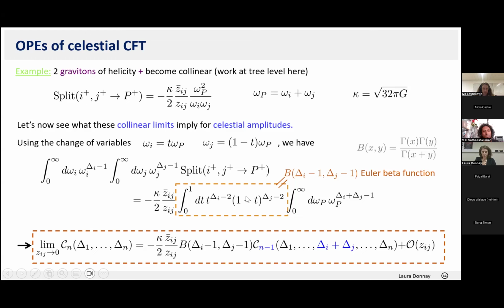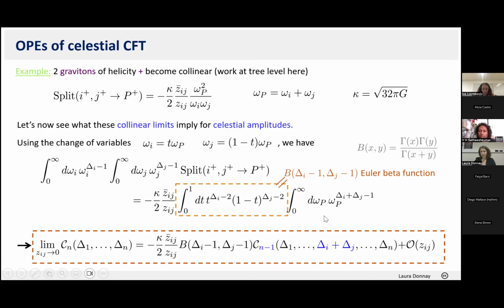What this little computation is telling you is that in this limit, modulo terms of higher order, this amplitude factorizes as this Euler beta function times, well, together with the other Mellin integrals, this reproduces the celestial amplitude, as is just the definition if you remember, but now involving one less particle.